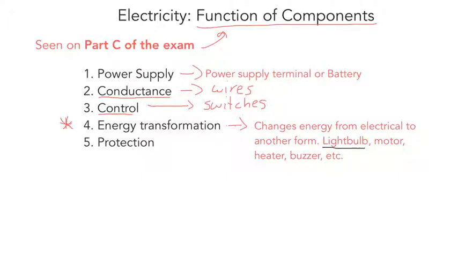Now, the last one is protection, and that is only caused by two things, either a fuse or a breaker. And they both serve to protect the circuit. A fuse's entire function is that if your current is too high, the fuse, which is basically a very, very thin filament, literally melts, causing a physical break in your circuit, cutting off all electricity.